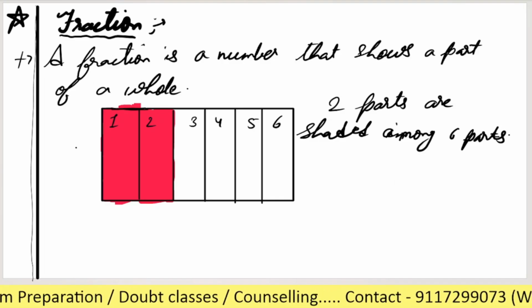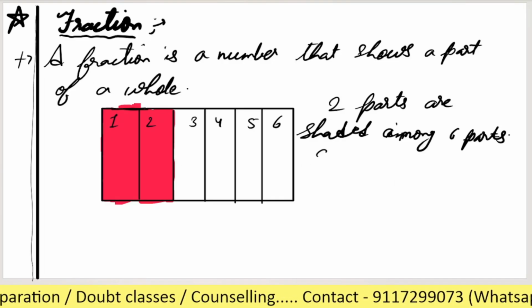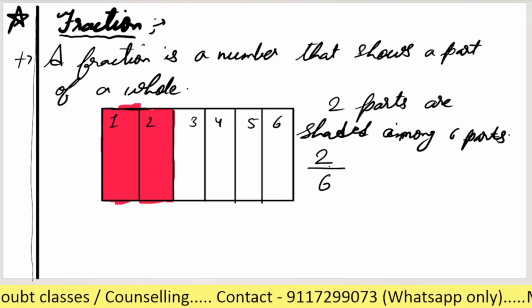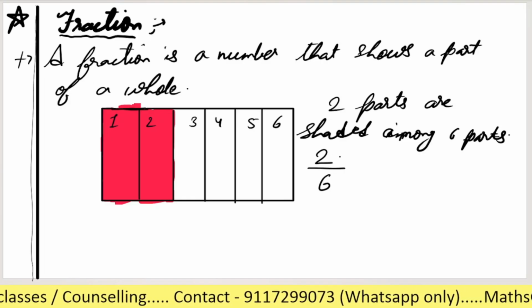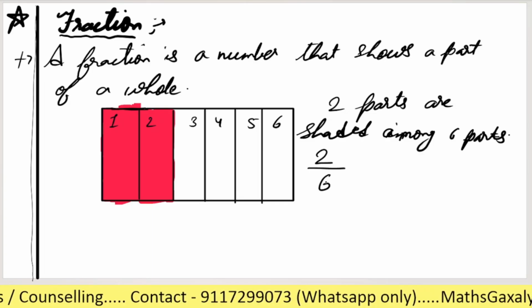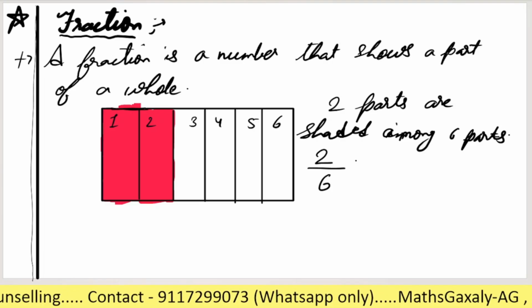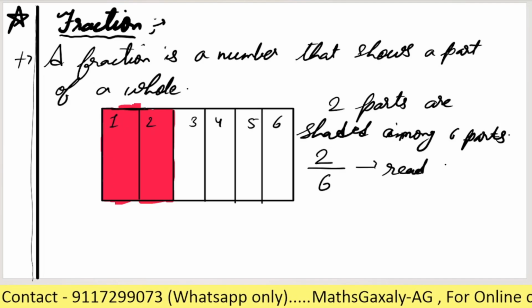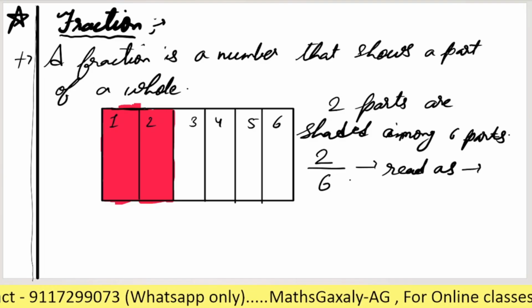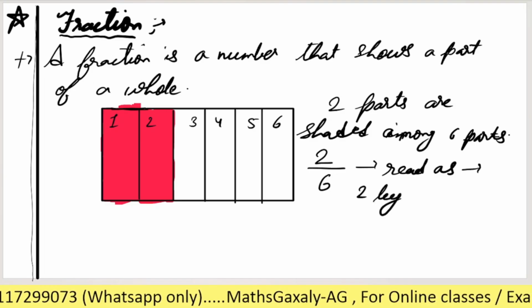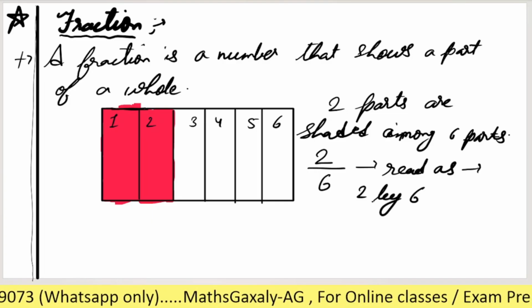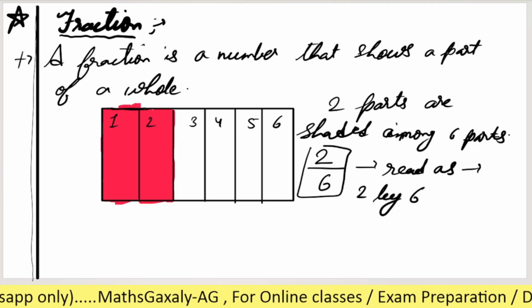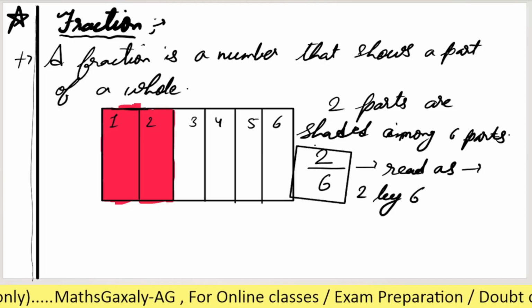When we write this statement in this form, it is known as a fraction, and it will be read as 2 by 6. This is the form of a fraction.